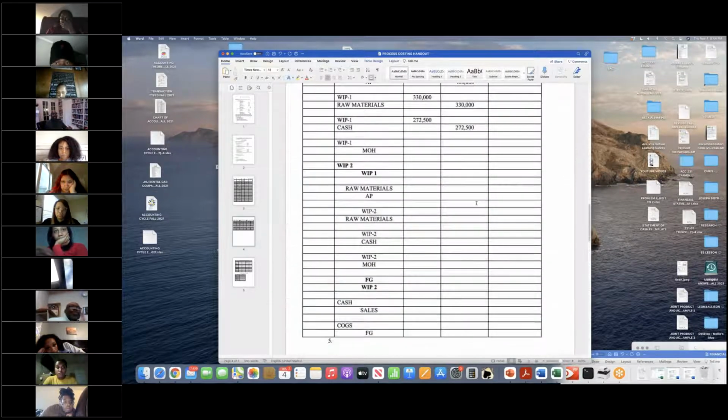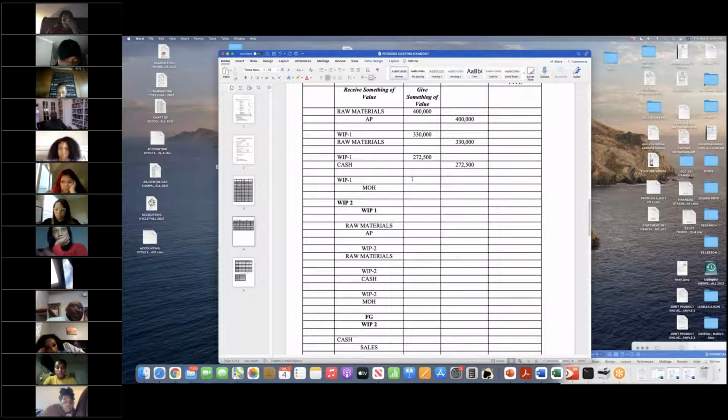Next journal entry. 200,000. So the manufacturing overhead is 200,000. So in process costing, we're sort of giving you the amounts, and this is kind of how it works because you can't keep track of things on a unit basis.